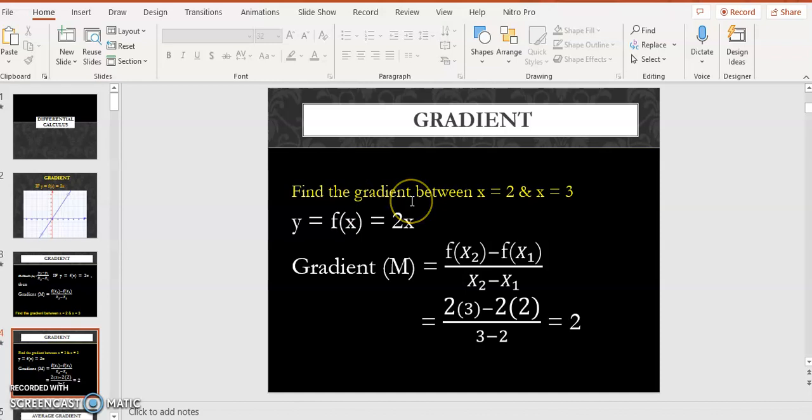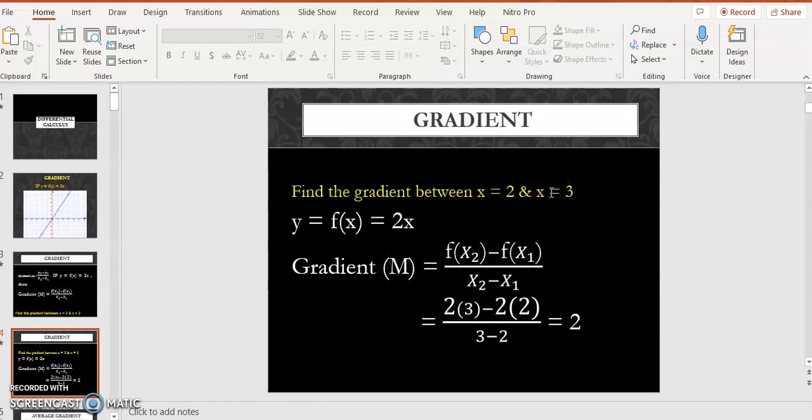So here, to find the gradients between x is equals to 2 and x is equals to 3, we substitute it into the formula. Remember, our formula is 2x. So when you see x, we are going to put x2. Which one is our x2? This is our x2, and this is x1. It's your discretion. You may decide to call this x1 and call this x2.